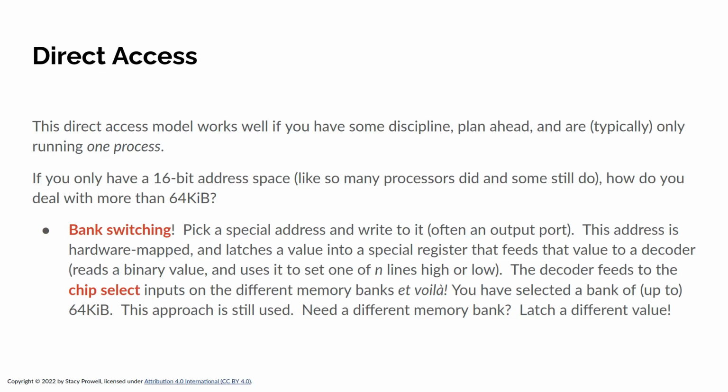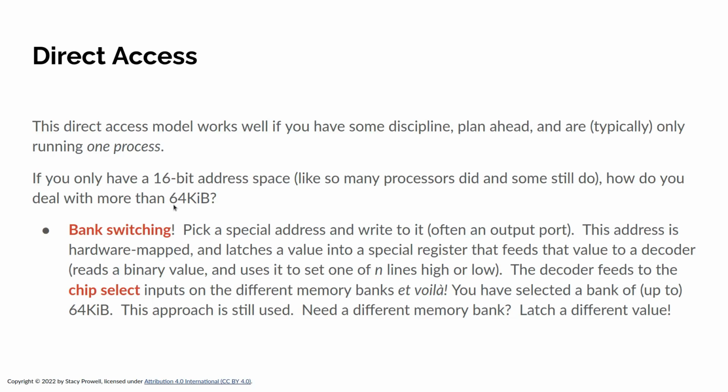If it's got 128K of memory and it uses the same processor as the Commodore 64, which has 64K of memory, and it only has 16 address lines, which can only address 64K of memory, how does it have so much more memory? Well, the solution to this tricky conundrum is something called bank switching. Right? The 16-bit address space allows you to address up to 64K, and that's it.